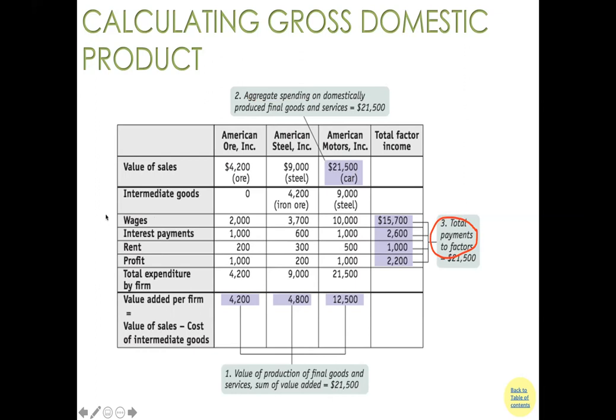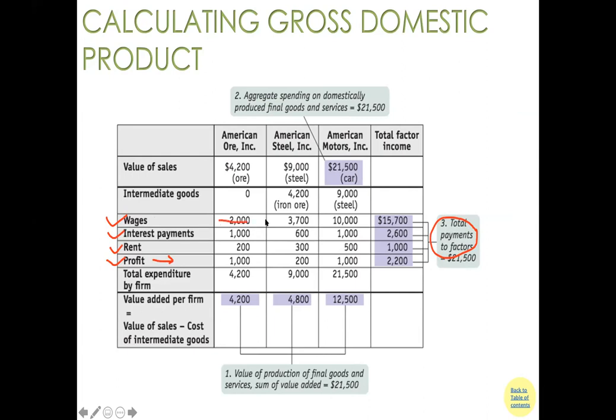So look at wage, that's income to labor; interest, income to capital; rent, that's income to building; and profit, that is after we pay wage, interest, rent, okay? Essentially this is what we pay to the owners, the shareholders.